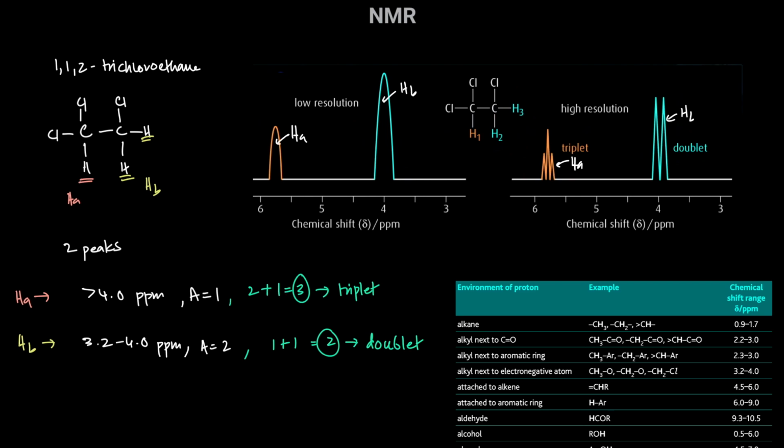So we see that the peak for HA is at greater than 4 parts per million, and HA splits into a triplet. And then for HB, the neighboring carbon has one proton, so n is 1, n plus 1 is 2, so the splitting pattern is a doublet. So HB splits into a doublet. Okay, so this is our high resolution NMR spectrum.